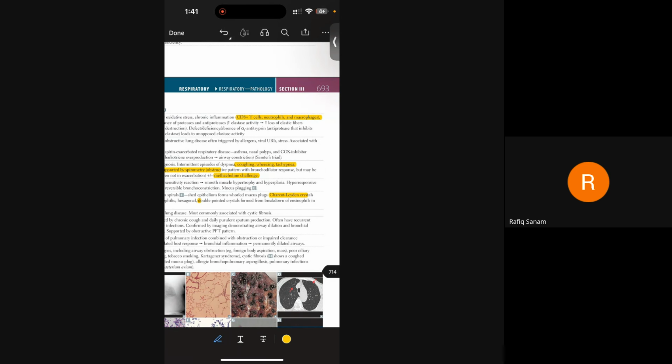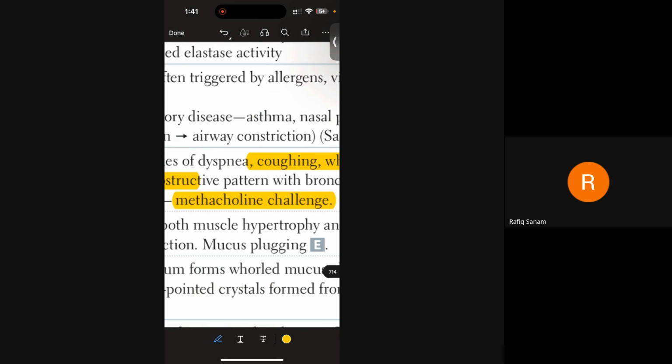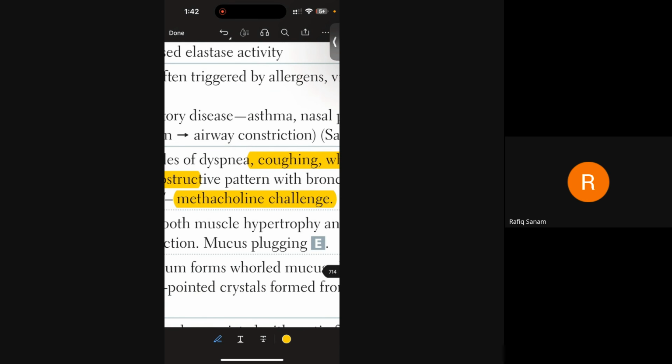In this test, we are seeing whether the bronchoconstriction will be higher or not, whether the bronchi are hyperreactive or not, by giving methacholine, which is the same as acetylcholine.